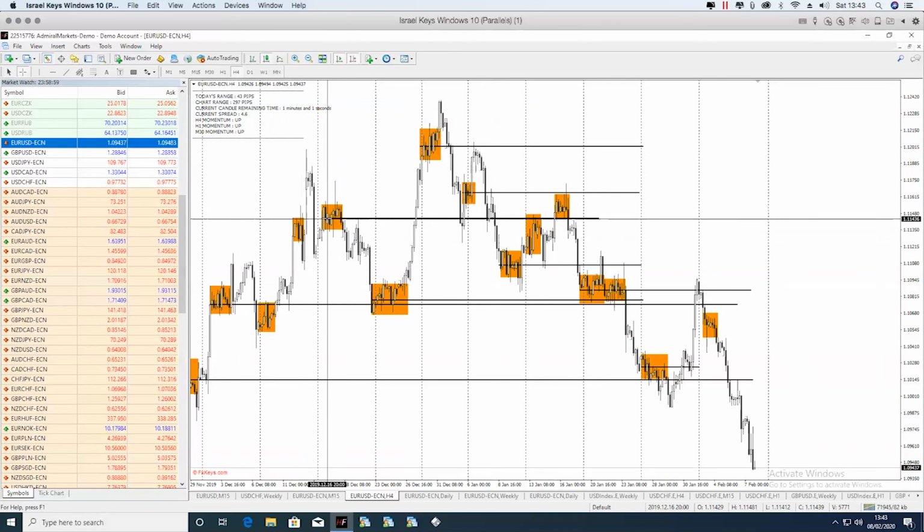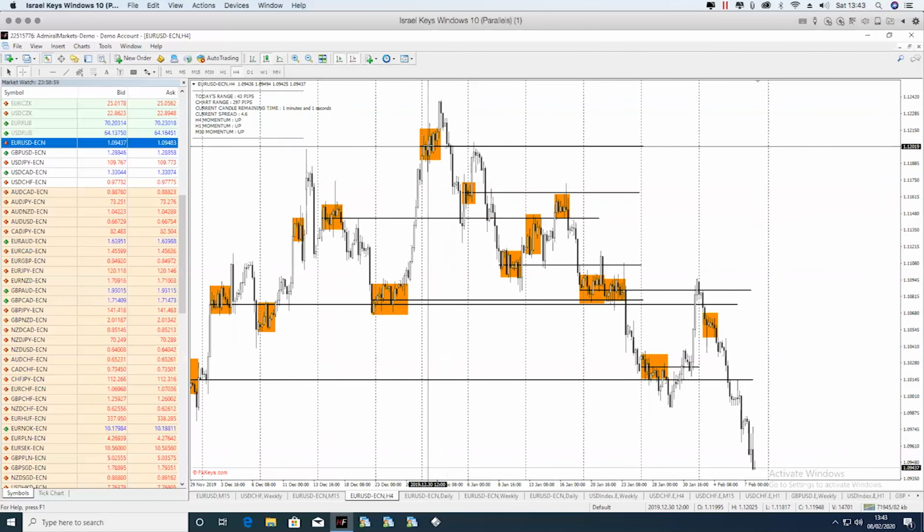So price contracts there. It leaves the box here, comes back in, and then goes south. Here is a contraction. It leaves the box, goes first north, and then comes south.